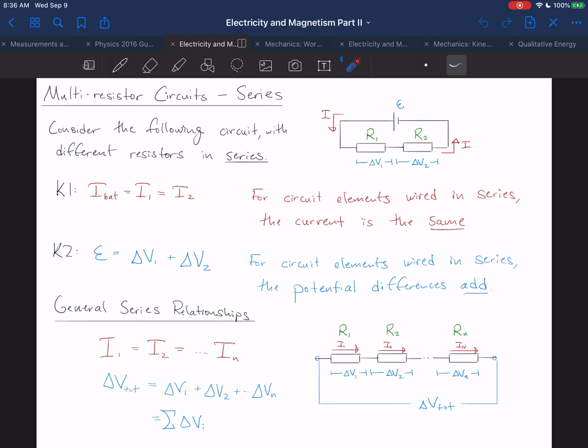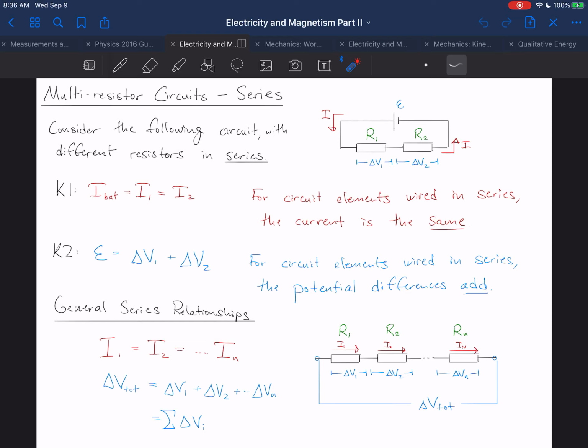Let us apply Kirchhoff's laws to this particular circuit. This circuit is labeled with the important quantities. So we have the EMF, we have the current, we have the two resistors, and we have the potential drops across them. Kirchhoff's first law tells us that because this is a single closed loop, the current coming out of the battery and going back into it is equal to the current through the first resistor, and that's equal to the current through the second resistor.